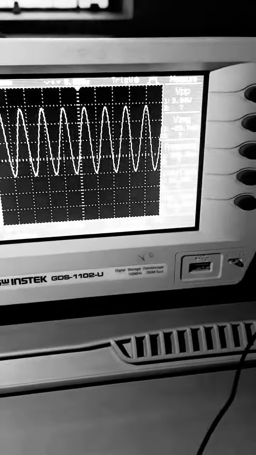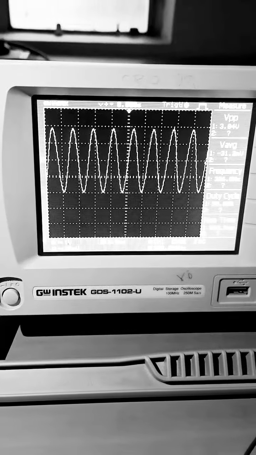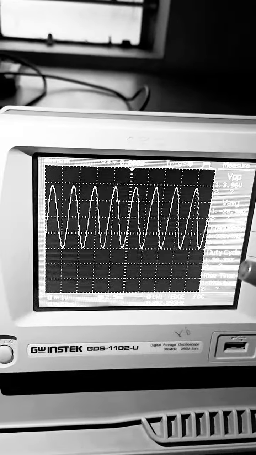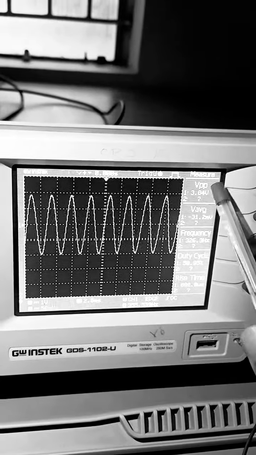For this input we will be checking what the output is. I have pressed measure, and I have selected V peak to peak as the first value, so I'll be noting down only these values.